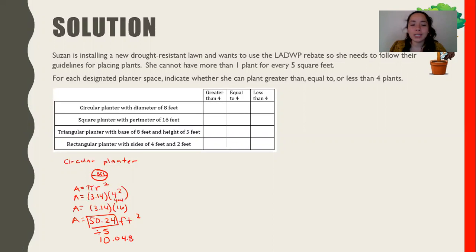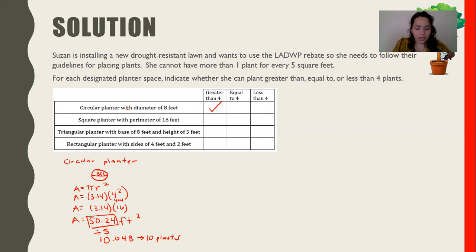Can you have 10.048 plants? Does that make sense? Good. So because we divided it by 5, we got that. That means they can have 10 plants. She can have greater than 4 plants in a circular planter.